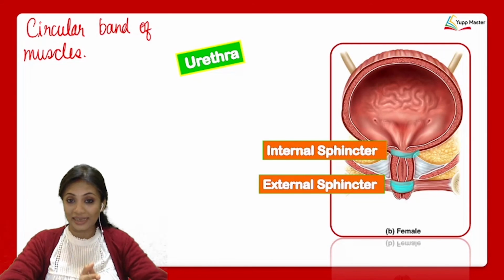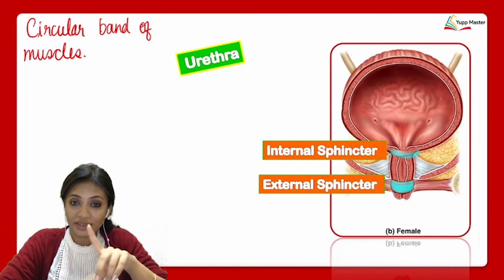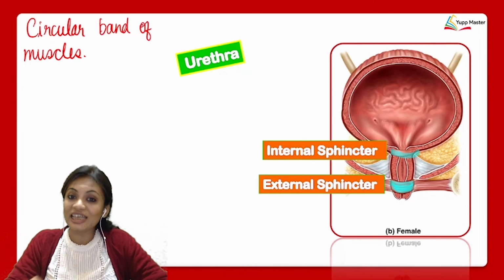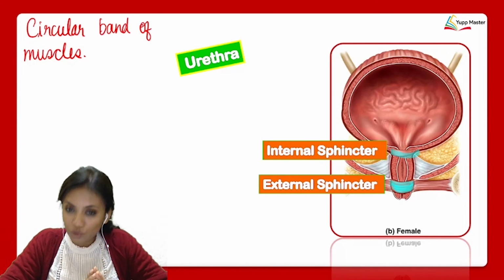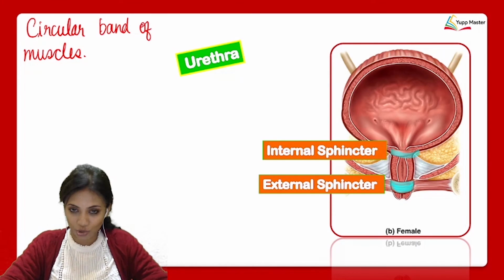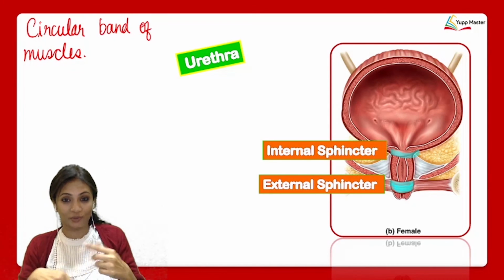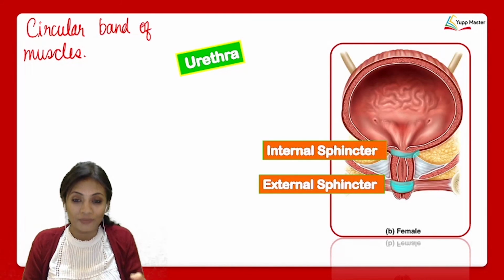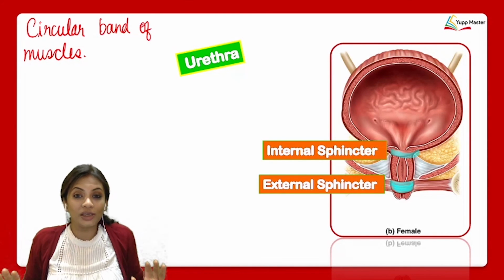Out of these, I'll tell you, there is one sphincter which is voluntary, and there is one sphincter which is involuntary. Now, I'd like you to guess which of these two is voluntary and which is involuntary. Which one is under your control and which one is absolutely not in your control?